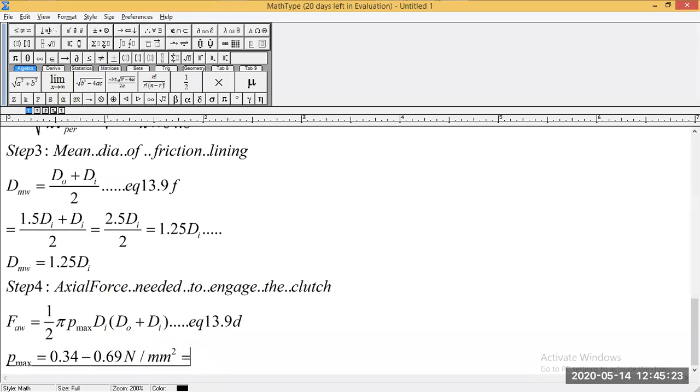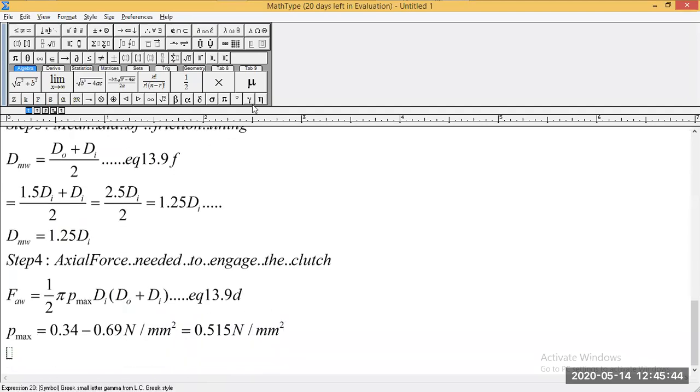We'll take an average of this: 0.34 plus 0.69 over 2. We got 0.515 Newton per mm square. That is the maximum pressure.